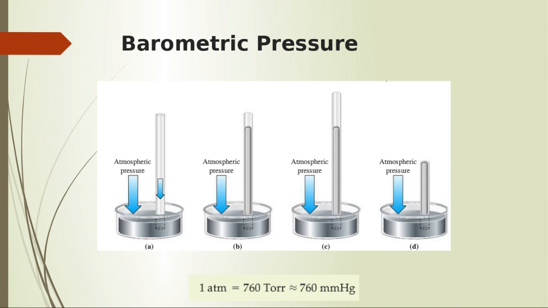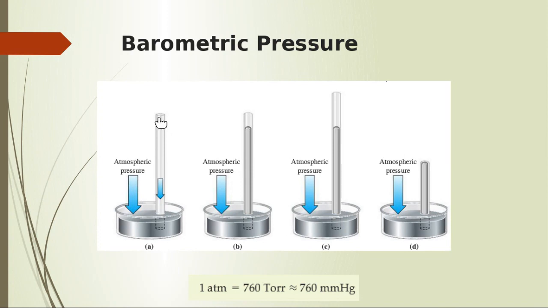These blue and yellow arrows represent the pressure exerted by the atmosphere. For example, in picture A, the liquid mercury levels are equal inside and outside.